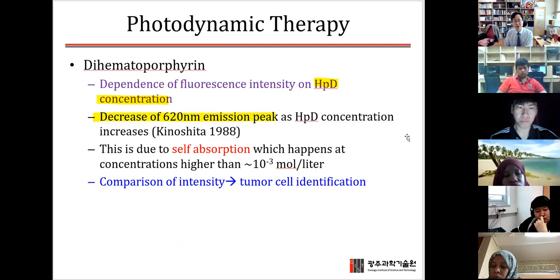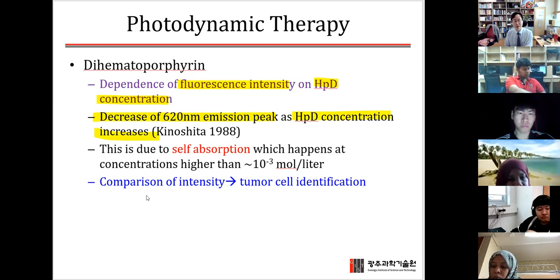That doesn't make sense, because we would expect the fluorescence intensity to increase with more concentration. But people found that even though the concentration increases, the 620 fluorescence light is decreasing.